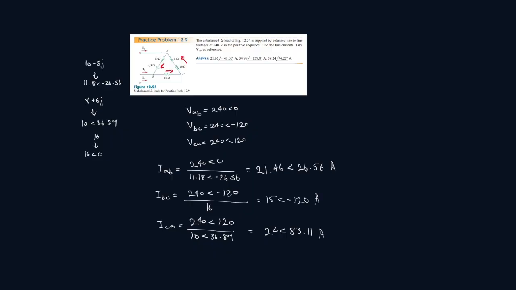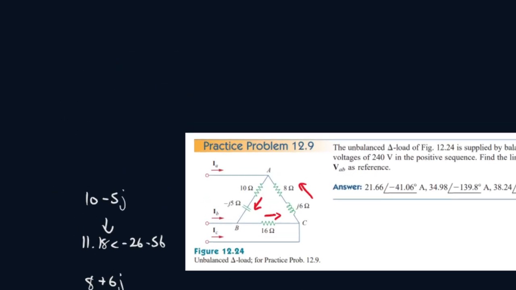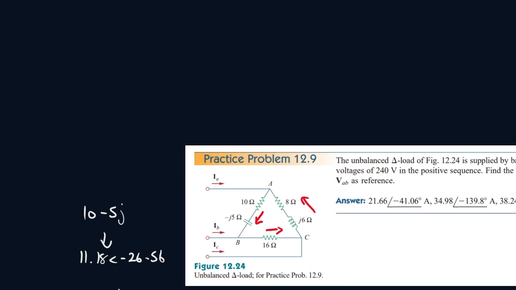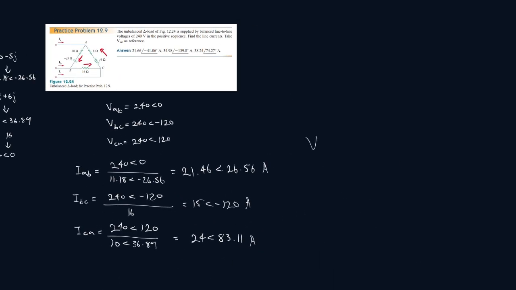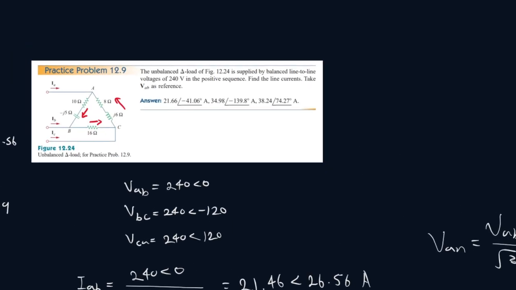Now we can use this to find the line currents. So we see IA is entering. Oh yeah, we can use that formula, VAN. No, we can't use this formula because it's an unbalanced circuit. You can only use this formula for balanced circuits.